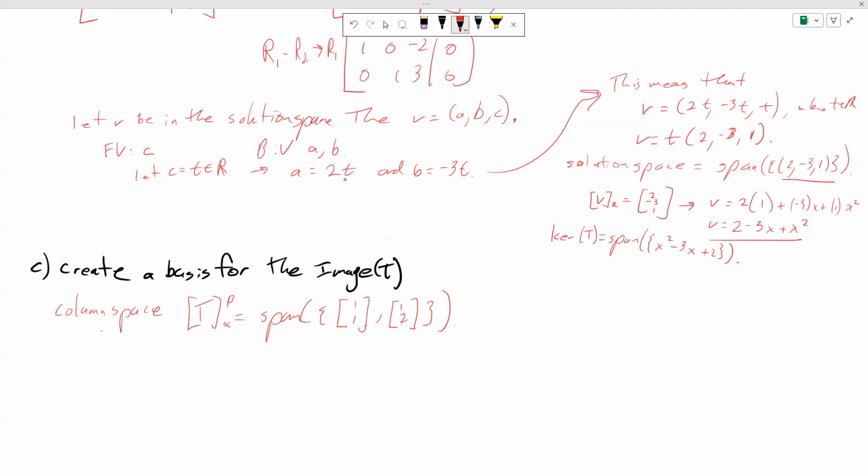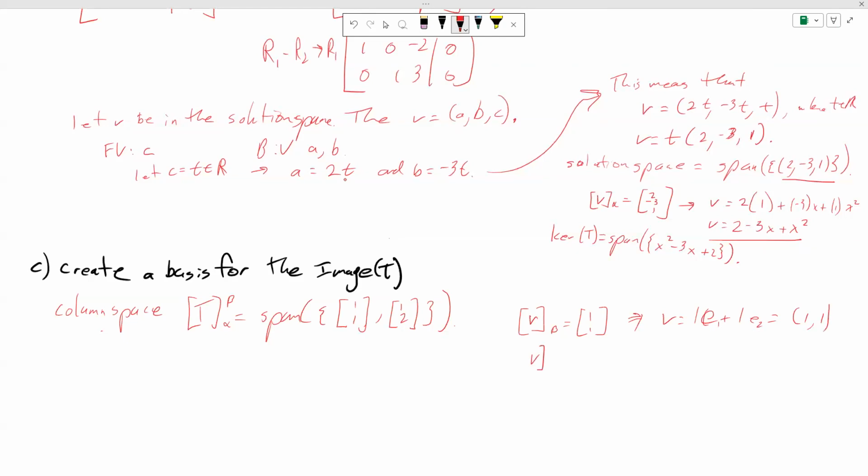Now we're going to represent each of these vectors as a vector in the image. So if v beta equals (1, 1), this implies that v equals 1 times e1 plus 1 e2, which equals the vector (1, 1).